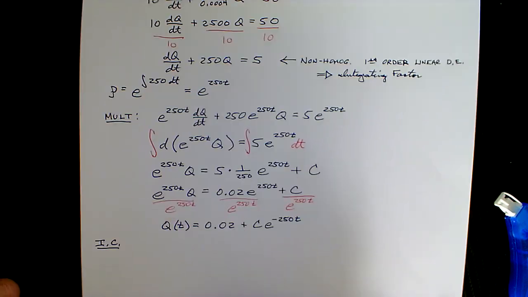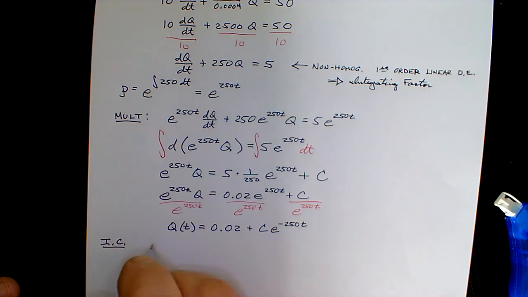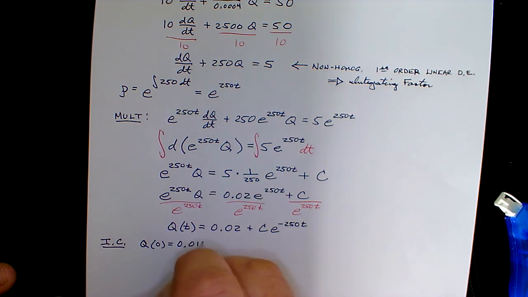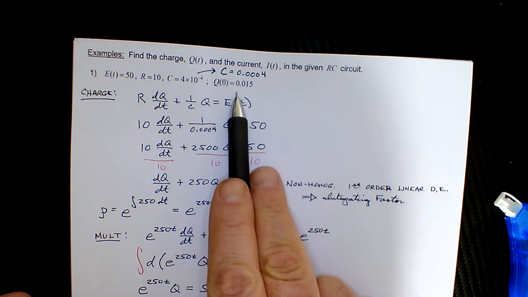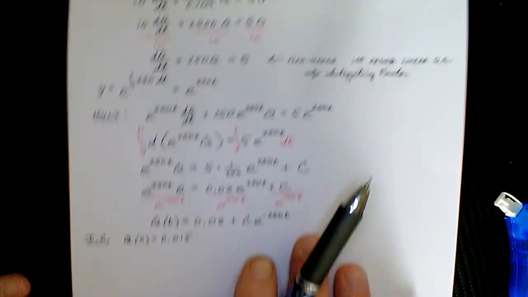And the initial conditions are that q of 0 is 0.015, so that was from the given up here. 0.015 is q of 0.